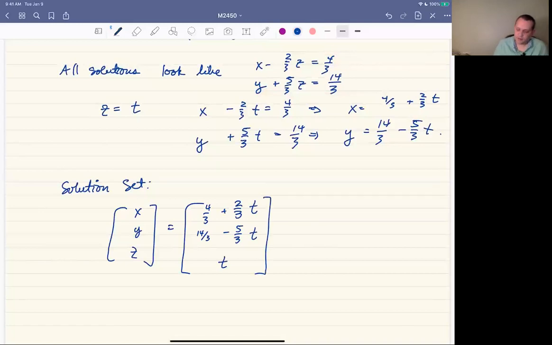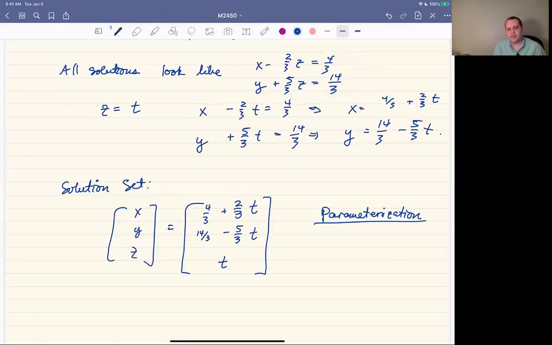And now it's clear what all the solutions look like, and any value of t you can plug in gives a solution. This is called a parameterization of the solution set, because we've written everything in terms of this common parameter t.